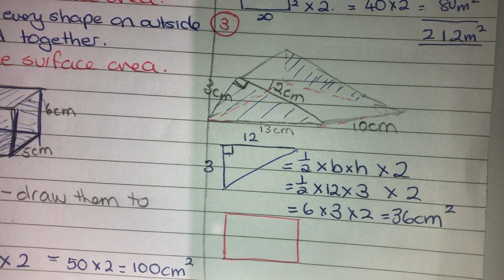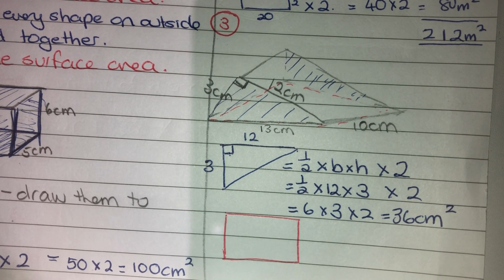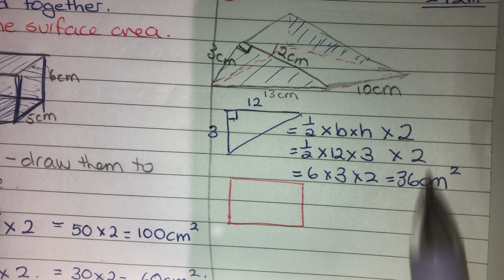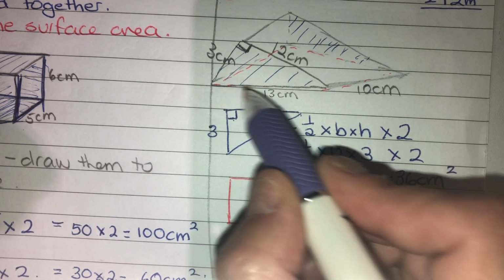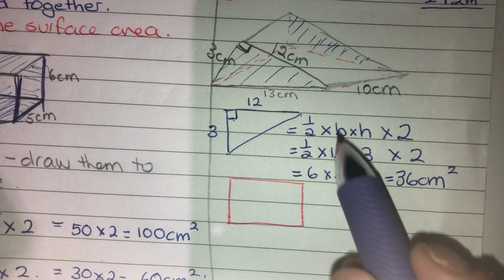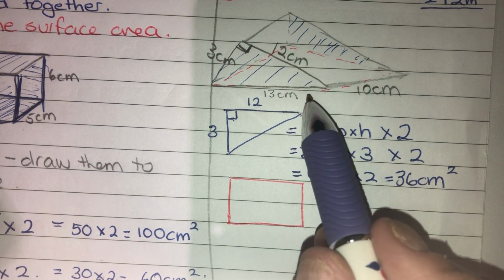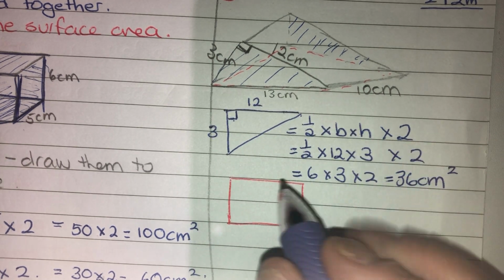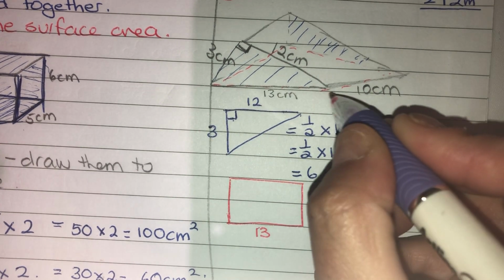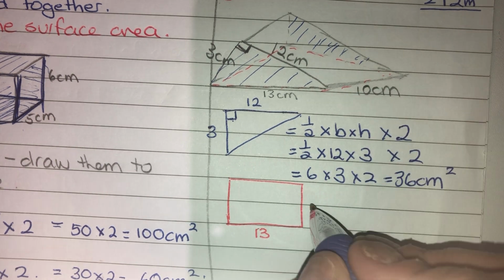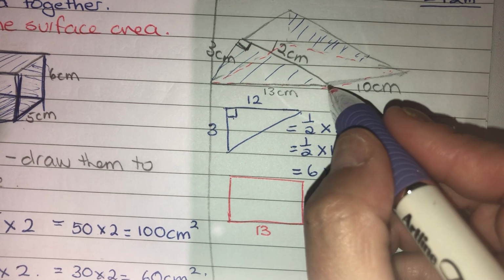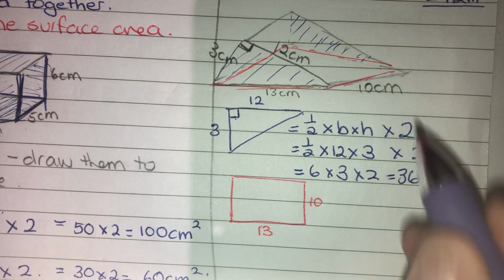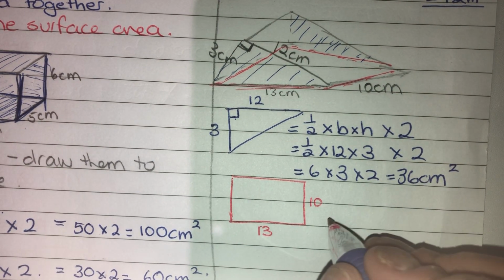And as I said, this is when it gets difficult because you've got to really be able to see this in a 3D way. Now, it doesn't look like a nice rectangle, but if you could envisage that, you would know that it is a rectangle. And along this side, it's 13, and along this side, it's 10. Okay, so I'm doing the bottom here with a 13 and a 10.